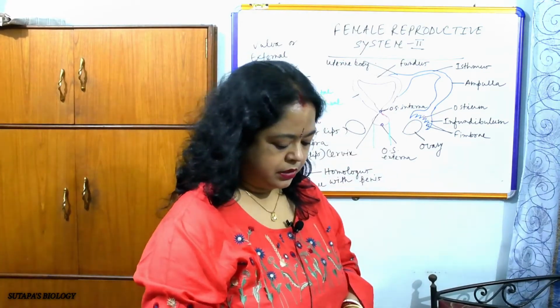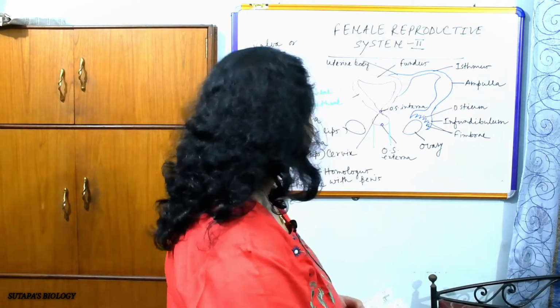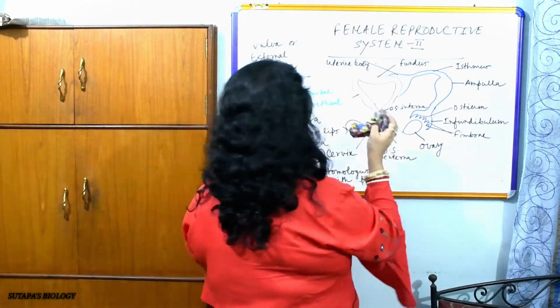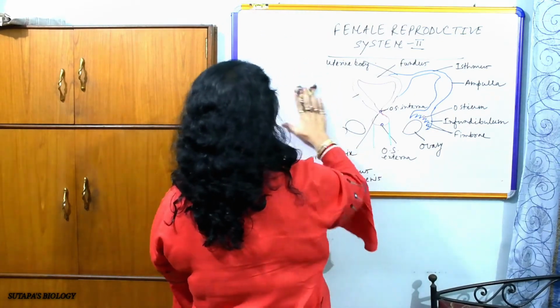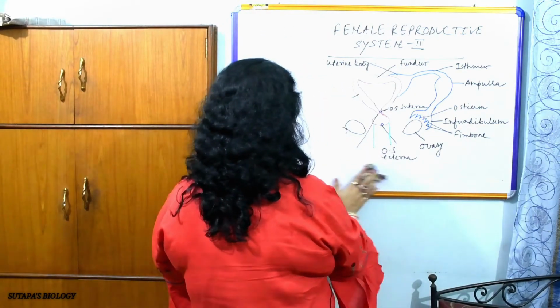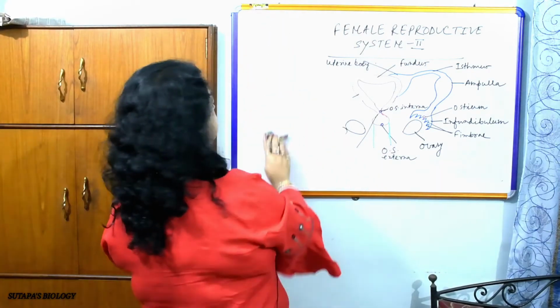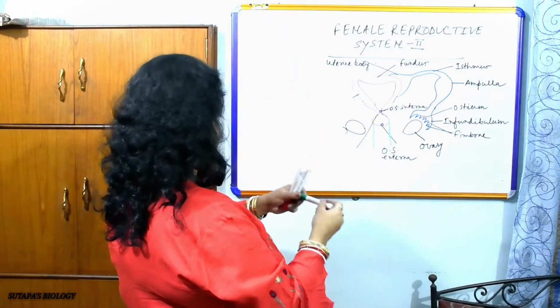In female, they have reproductive glands also, but not so important like the male ones. The reproductive gland of female is known as Bartholin's gland. A pair of Bartholin's glands is present.